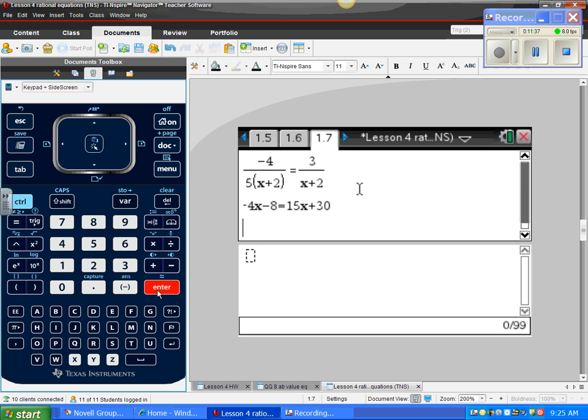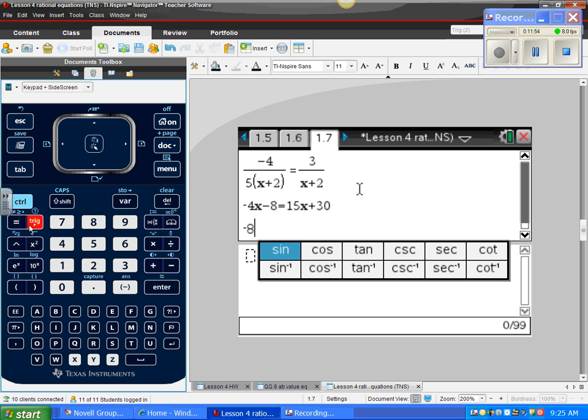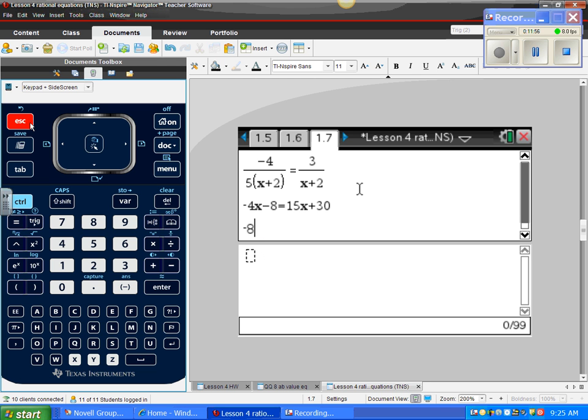Okay, so is this a quadratic? So do we have to get everything to one side and get it set equal to 0? We want to get the x alone, that's the goal, right? So I'm going to add the 4 over. Why am I adding it over? Because it's negative, right? So we get negative 8 equals 19x plus 30.